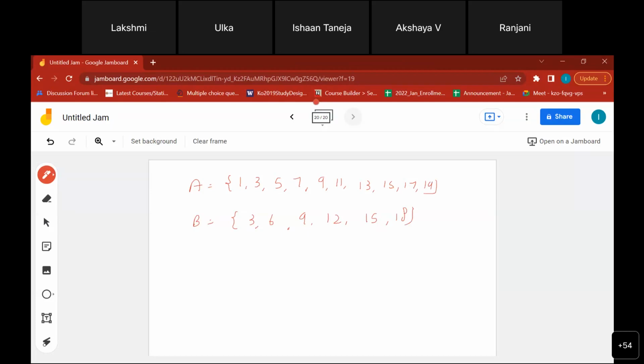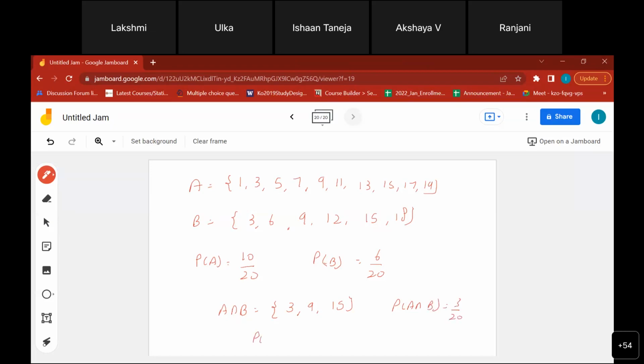So what is probability of A? 10 by 20. Probability of B? 6 by 20. What is A intersection B? What all elements will be in there? 3, 9, and 15. So 3 by 20.